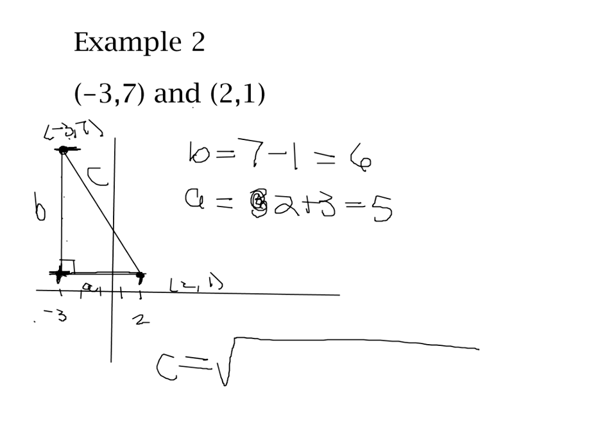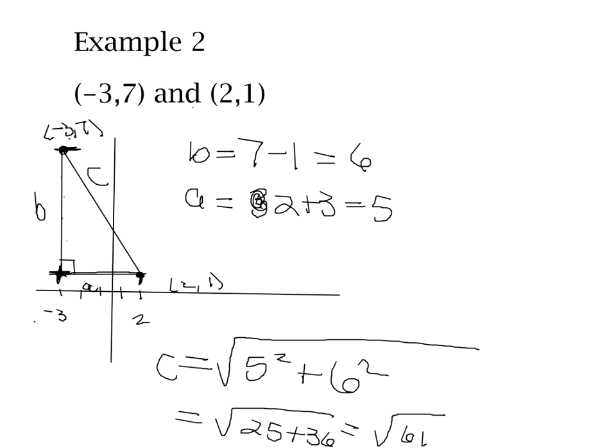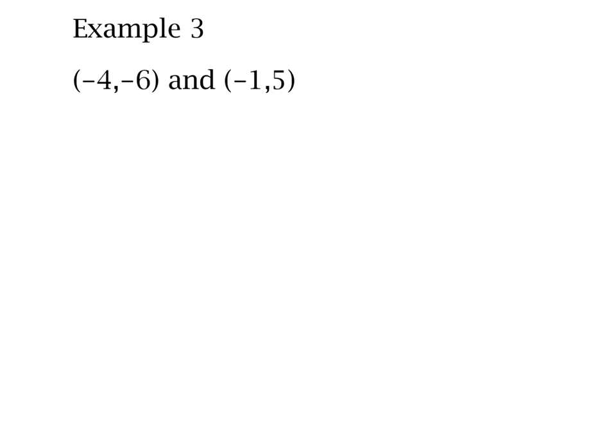So the length of the hypotenuse C is the square root of A squared plus B squared. So that's 25 plus 36, which is equal to 61. And that would be my answer. So the distance between the 2 points is the square root of 61.